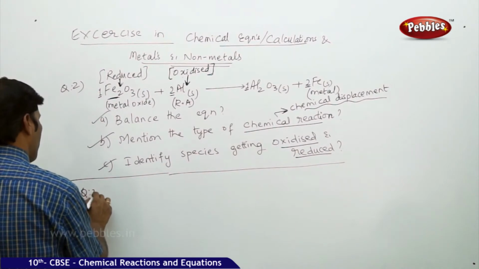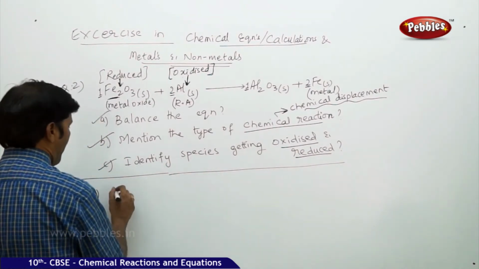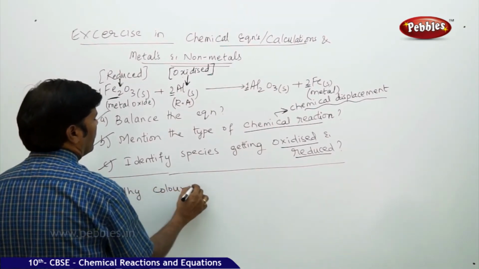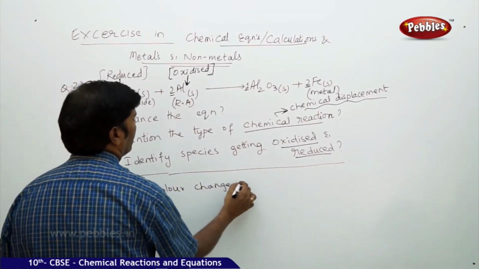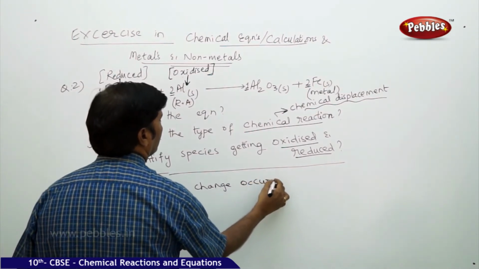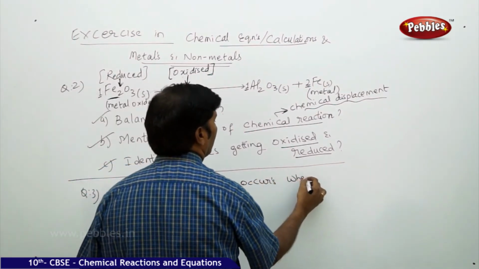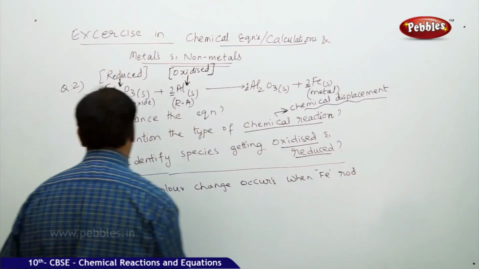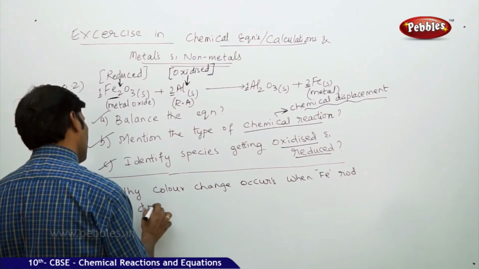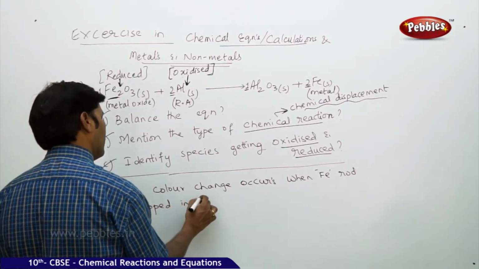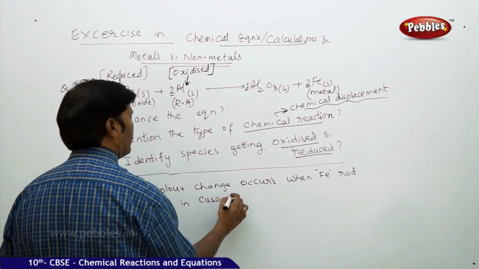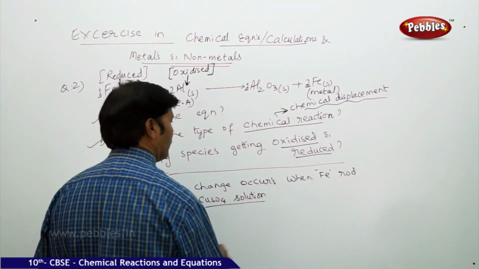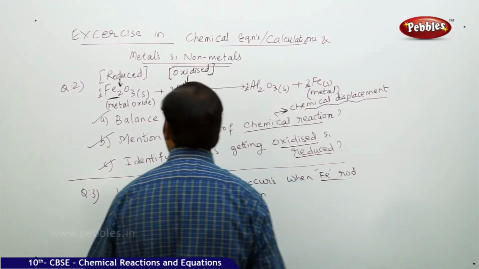Question number 3. Why does a color change occur when an iron rod is dipped in copper sulfate solution?